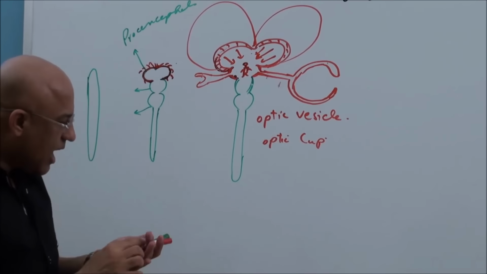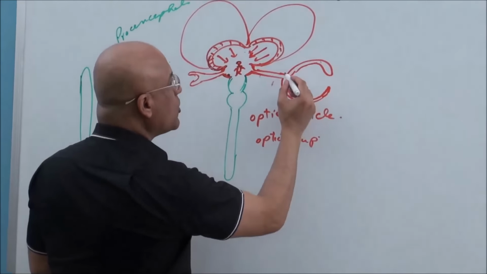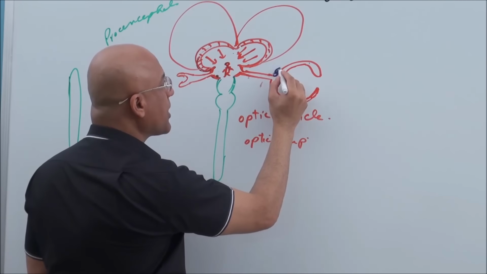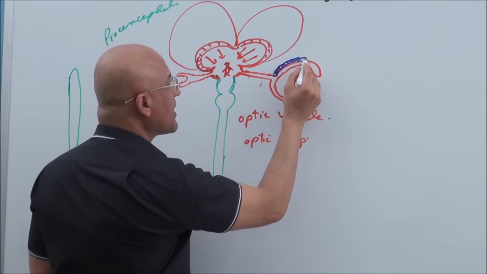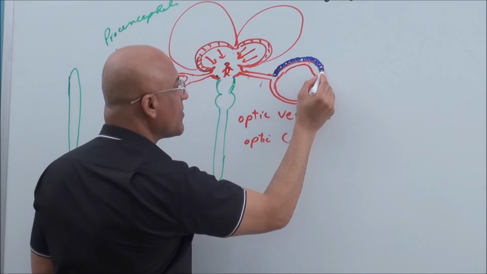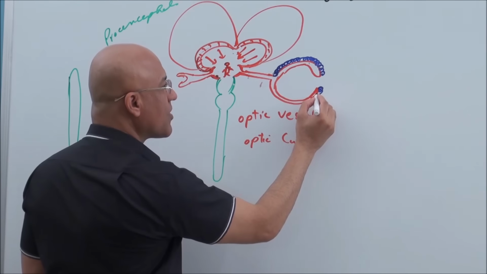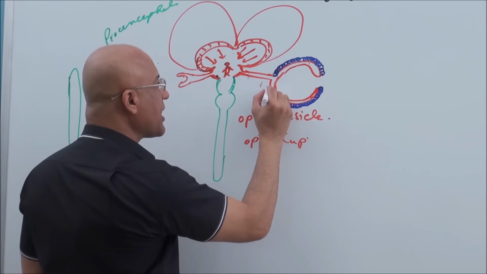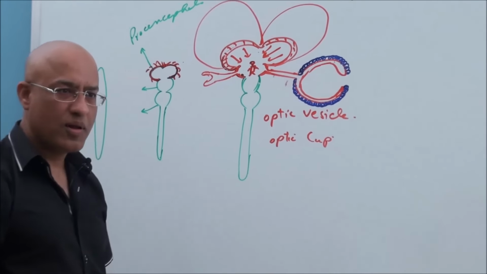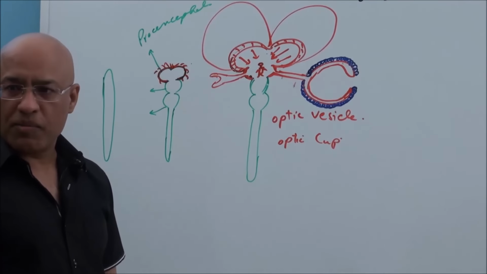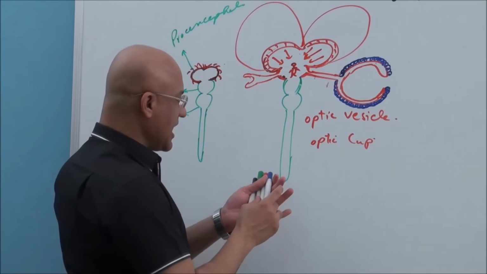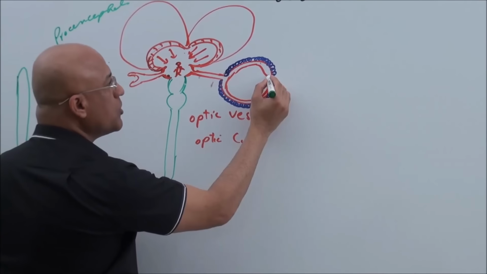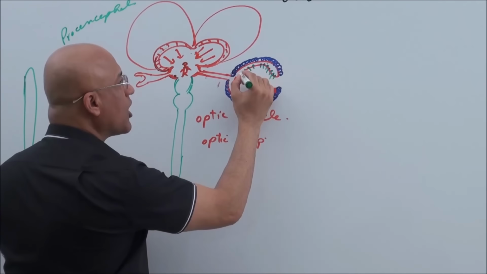Am I clear? Now, the outer layer of the optic cup differentiates into the pigment epithelium of the retina, and the inner layer differentiates into the neuronal layer.